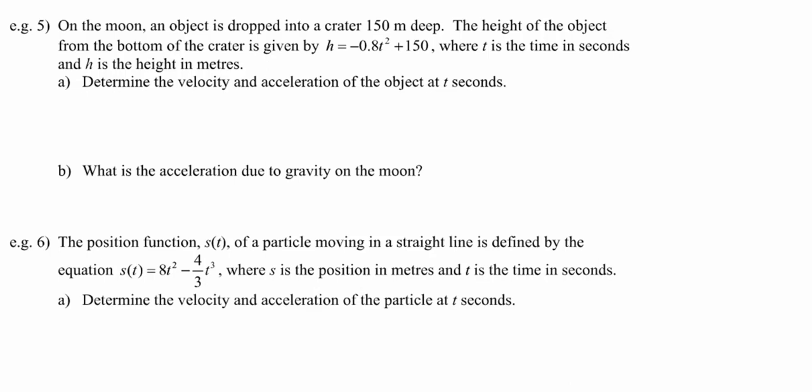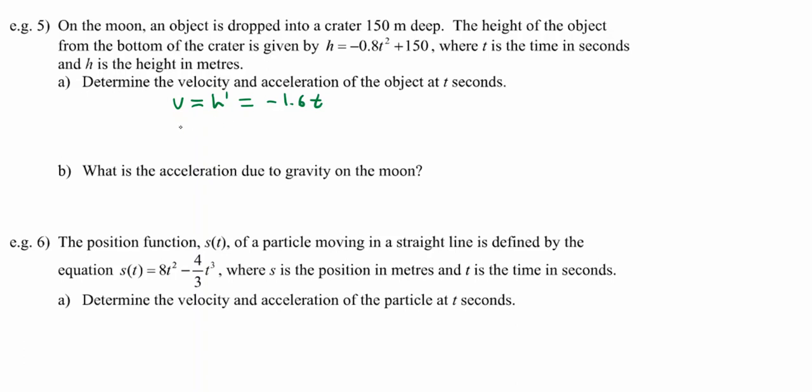So just the general formula. The velocity is equal to h prime, the derivative of h, which is equal to negative 1.6t.